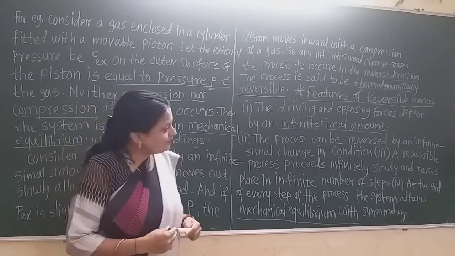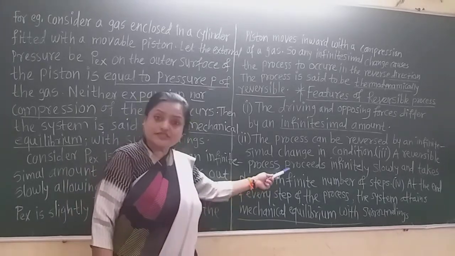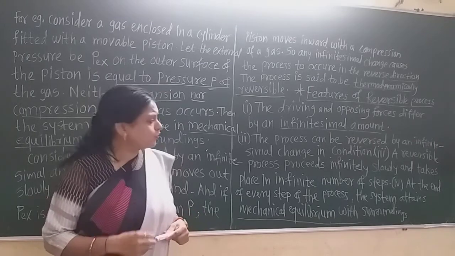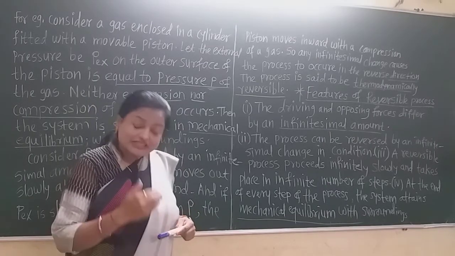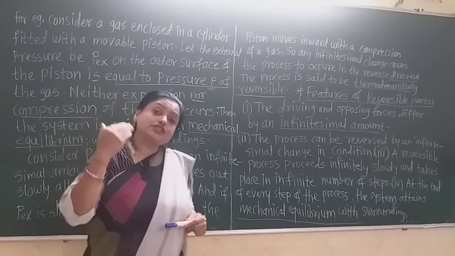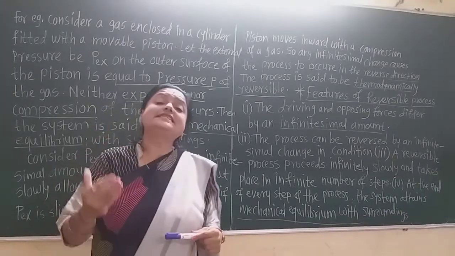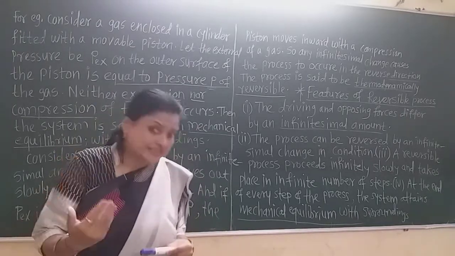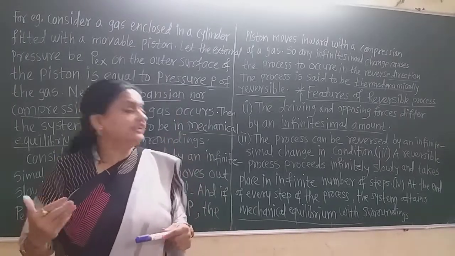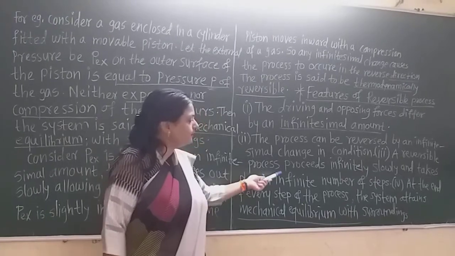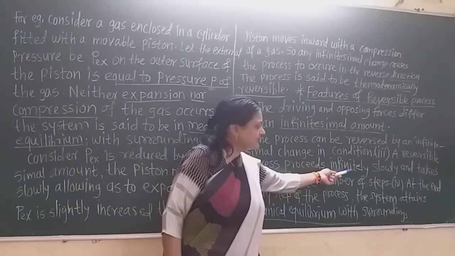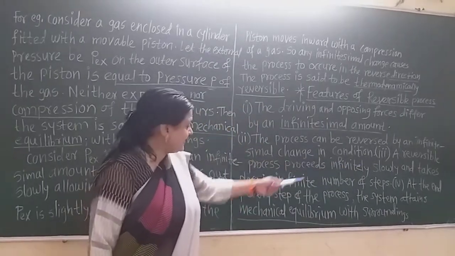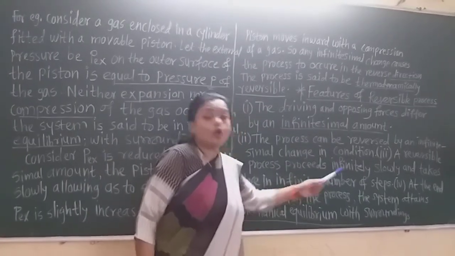Now the third one is that the reversible process proceeds infinitesimally slowly, that means very slowly, and takes place in an infinite number of steps.